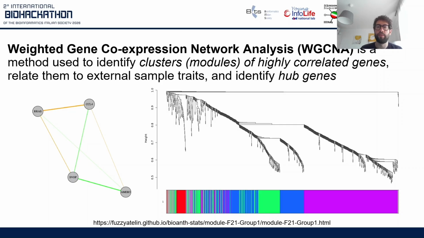And also you can find hub genes, so the actual drivers of these groups of strong links of correlation between each other. If you look at the left of the image, you will see what we found before: stronger links mean higher correlation values.